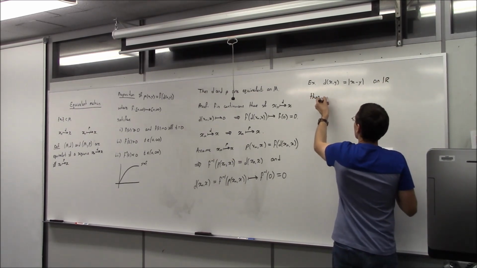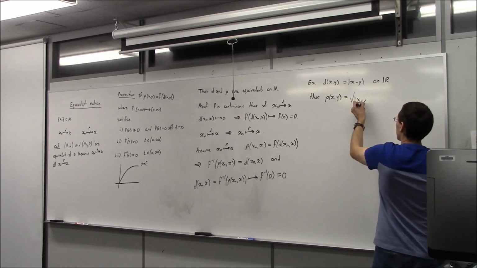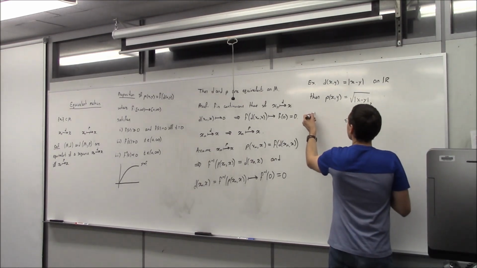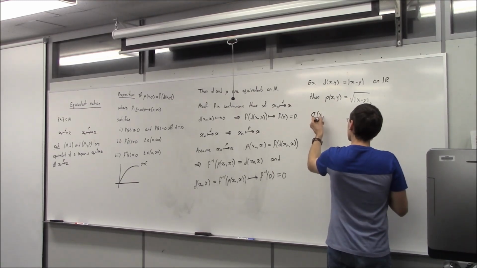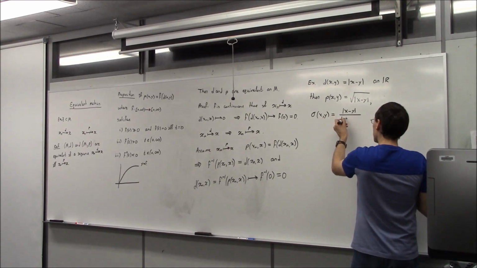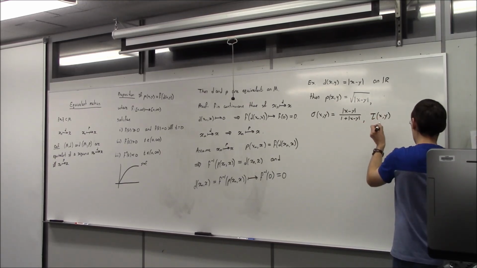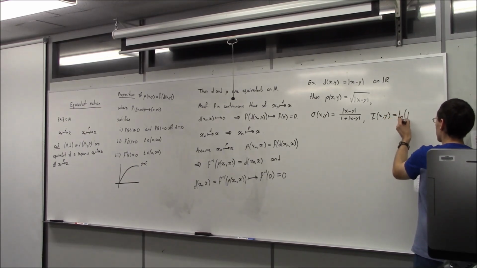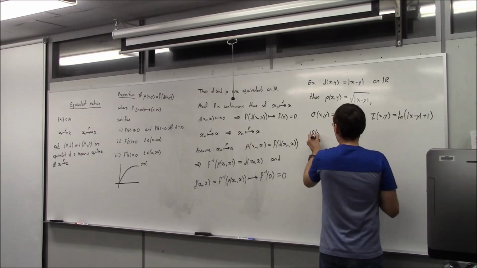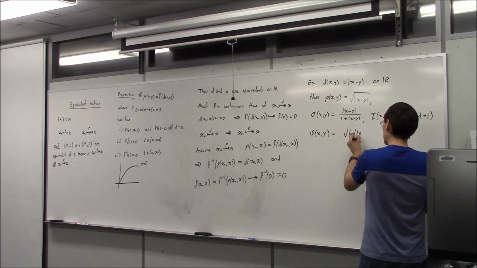Then if I define rho of xy equal to, say, the root of the absolute value of x minus y, that's a new metric generated by the external metric function, or if I define sigma of xy to equal maybe absolute value of x minus y over 1 plus absolute value of x minus y, or I define tau of xy equal to maybe ln of absolute value x minus y plus 1, or if I take phi of xy and define it to be something weird like the root of ln of absolute value of x minus y, sorry.